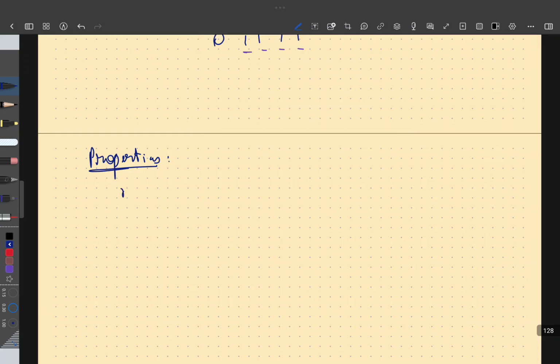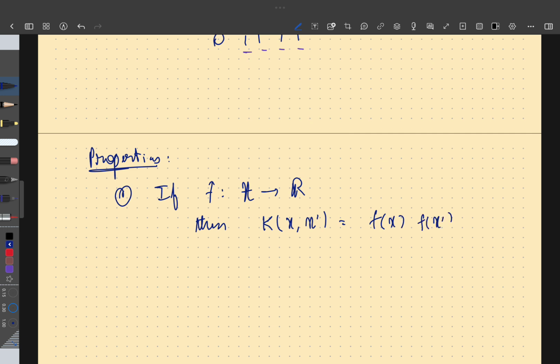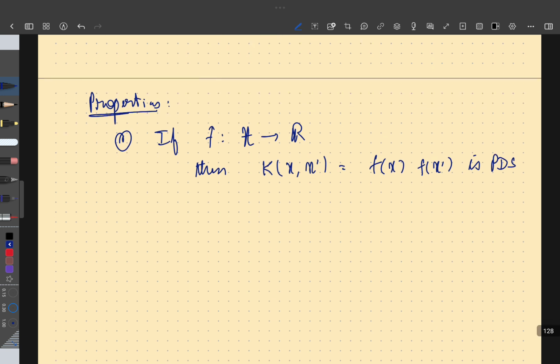Firstly, if f, let's say, is an arbitrary map from X to R, then this is a PDS kernel. Why is this a PDS kernel?